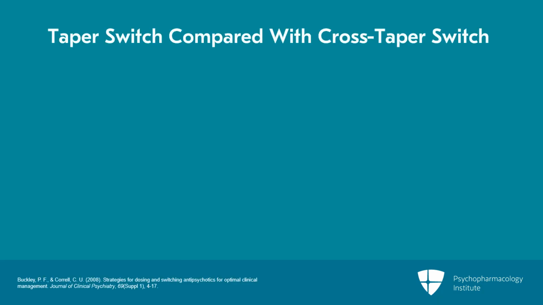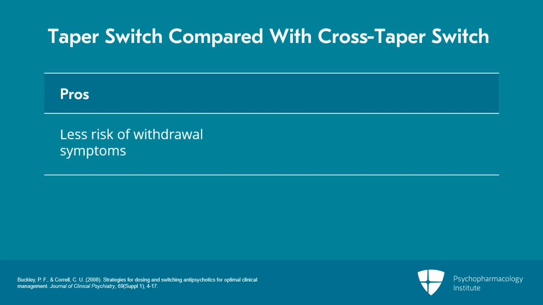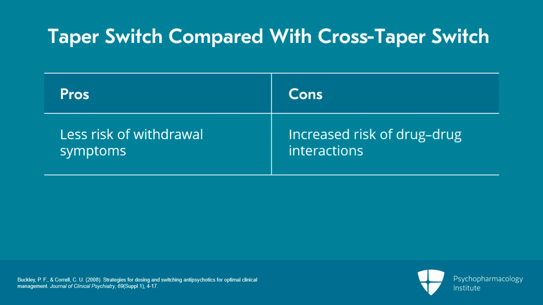So when you compare this taper switch to the cross-taper switch, there's less risk of withdrawal symptoms because the new antipsychotic is started at the target dose. However, that also may increase the risk of drug-drug interactions.